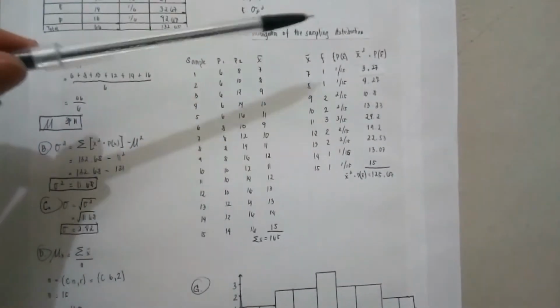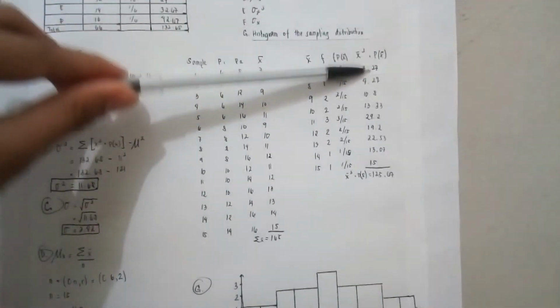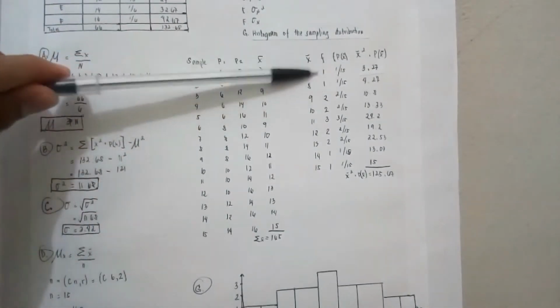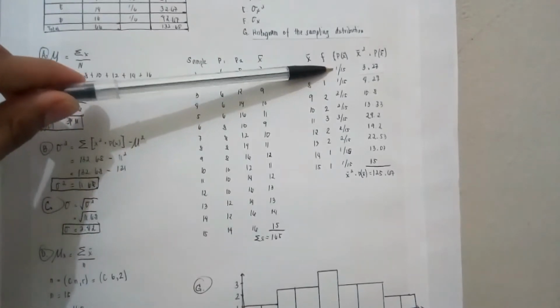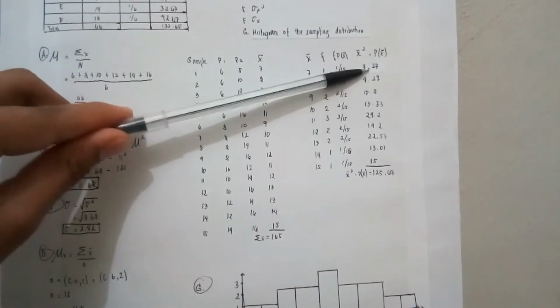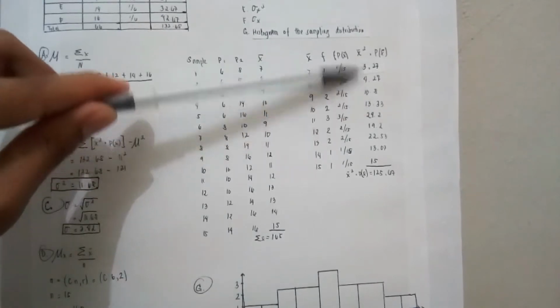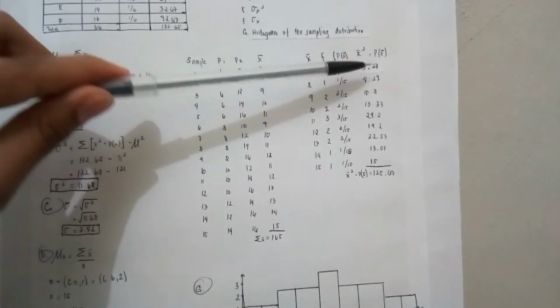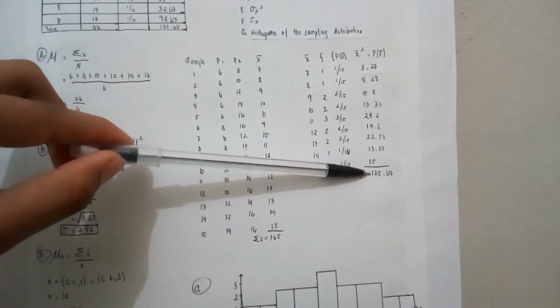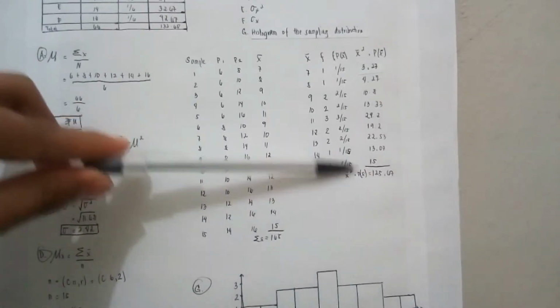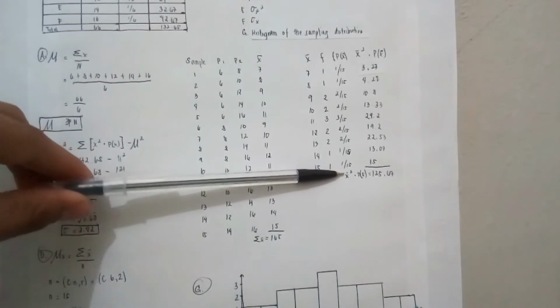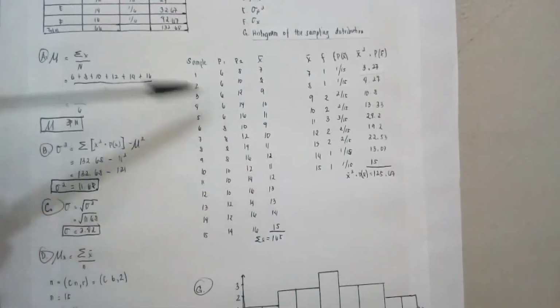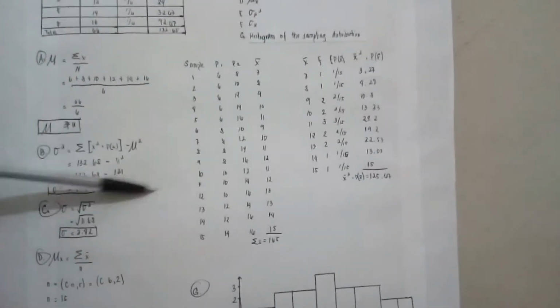So, ganun lang rin ang gagawin natin. Square natin to, then times sa 1 over 15. Then, yun ang result. Then, ipag-add natin ang mga result. Then, ito na yung value ng x bar squared times probability of x.